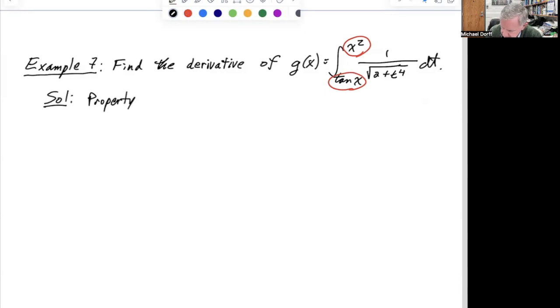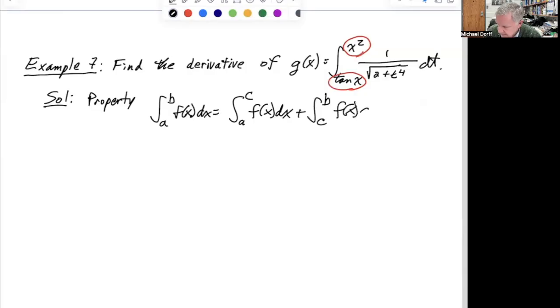That property says that the integral from a to b of f of x dx is equal to the integral from a to c of f of x dx plus the integral from c to b of f of x dx. The key thing here is that the c's are the same, and then I've got my a here, and my b up here.